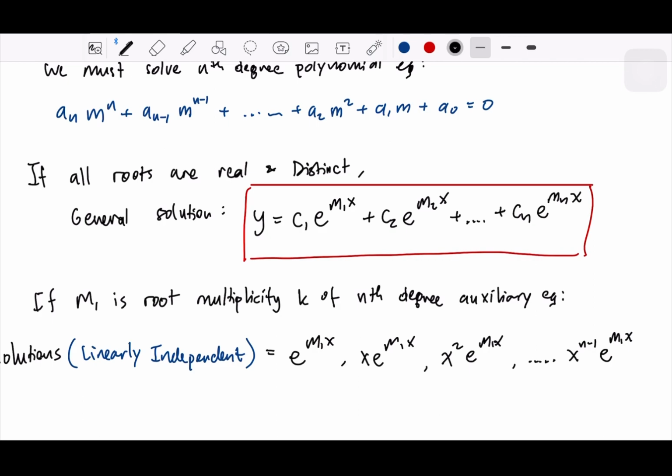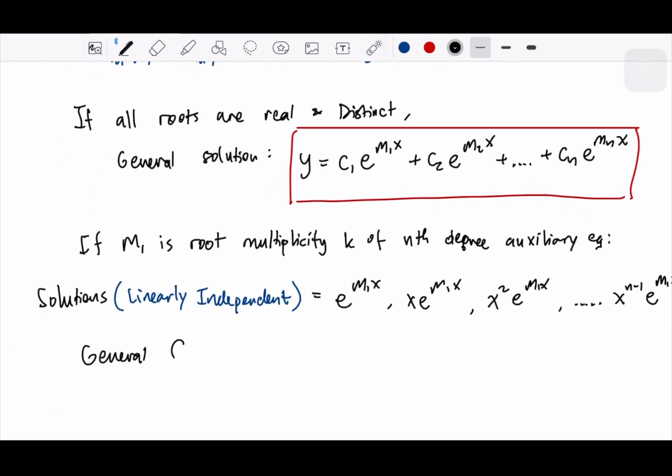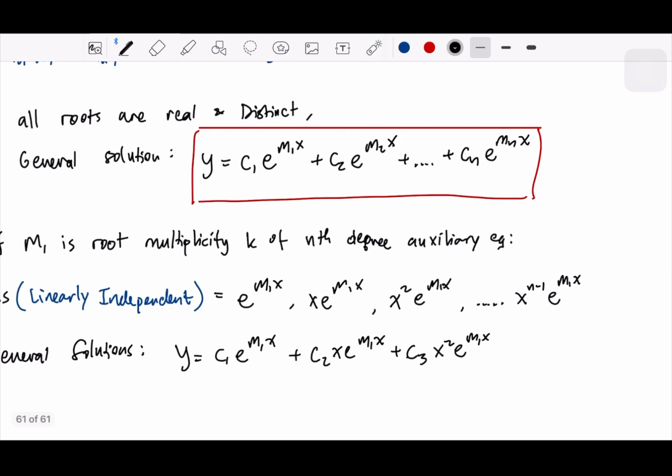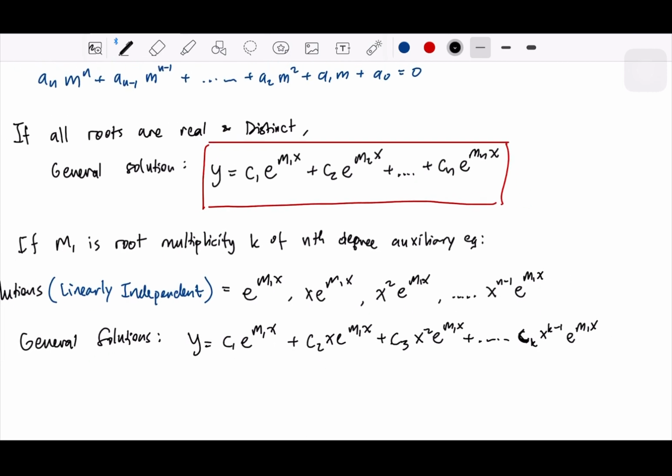So the general solution, when we have this, is y = c1 e^(m1x) + c2 x e^(m1x) + c3 x squared e^(m1x) and so on, up to ck x^(k-1) e^(m1x).